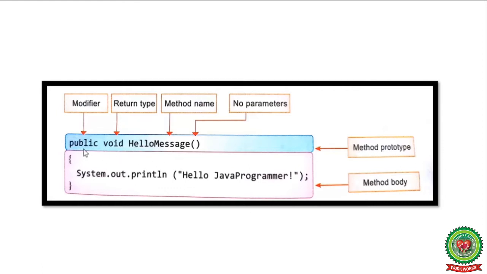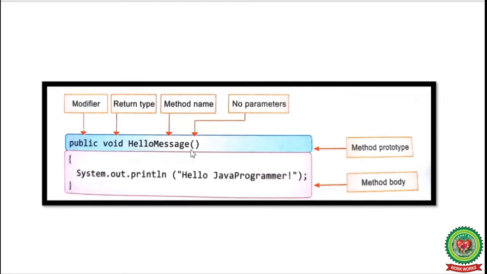Now in this method, public void helloMessage, these are the two brackets. Here public is a modifier, or you can say a specifier. Void is the return type. helloMessage is the method name. And in this bracket we have not written anything, so there are no parameters.